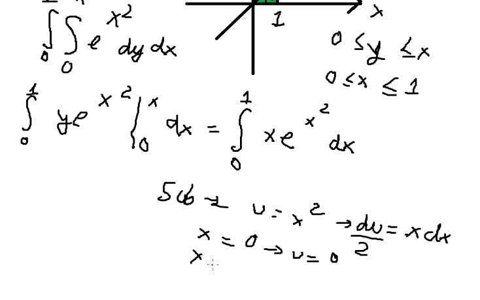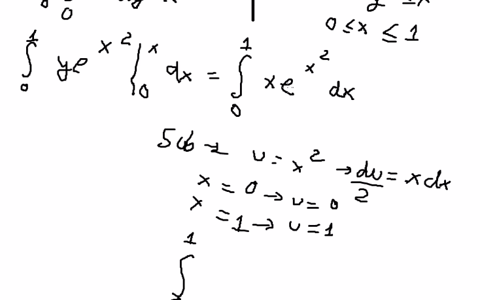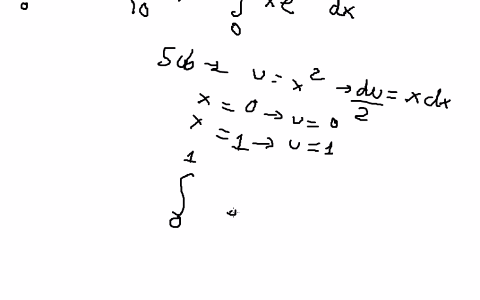If x equal to number 1, so u should be number 1. And now we got the interval from 0 to number 1. E to the power of this one we change for u. x dx we change for du over 2.